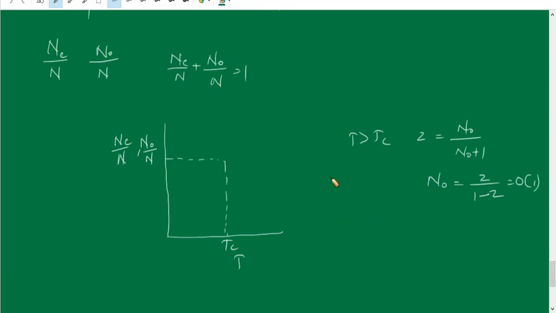Compared to n, this value n0 by n is very much negligible, so at this point this will be 0.